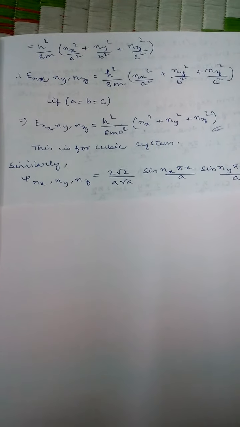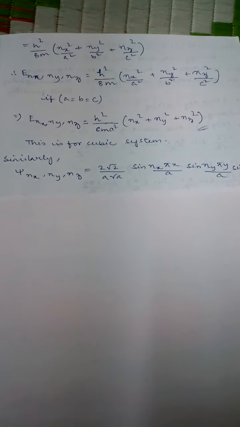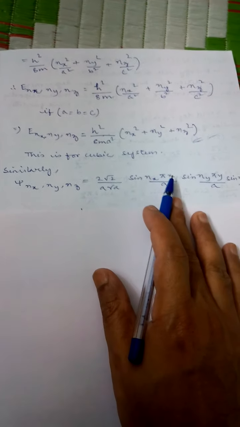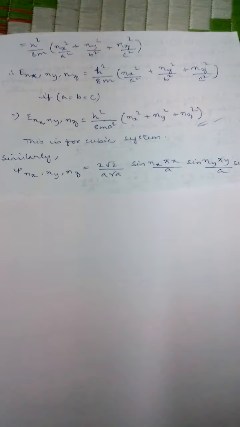In this way you can calculate its probability density, probability of finding a particle, kinetic energy of the system easily. These two expressions are the basic expressions for the three-dimensional box potential problem. Here we consider the cubical box, a special case. Okay, so remember these two expressions, energy eigenvalue and corresponding wave function. These are very important, not only from the exam point of view but also for various engineering applications.